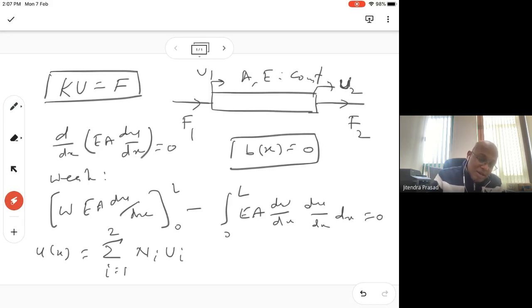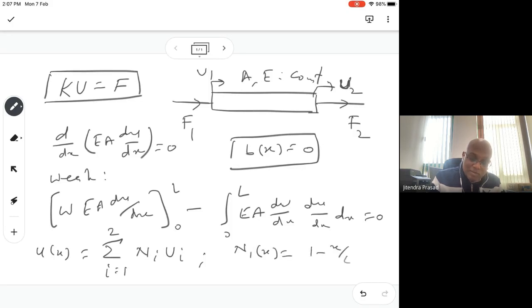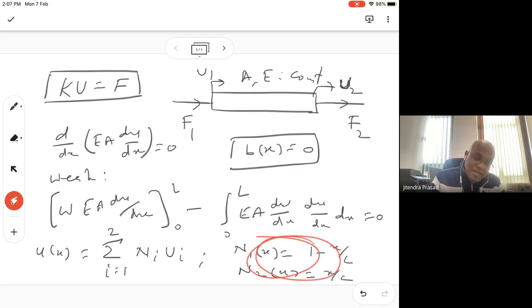We already know N1(x) equal to 1 minus x over L, N2(x) equal to x over L. So we have used the linear interpolation functions. These are the shape functions or interpolation functions, and we will use that.